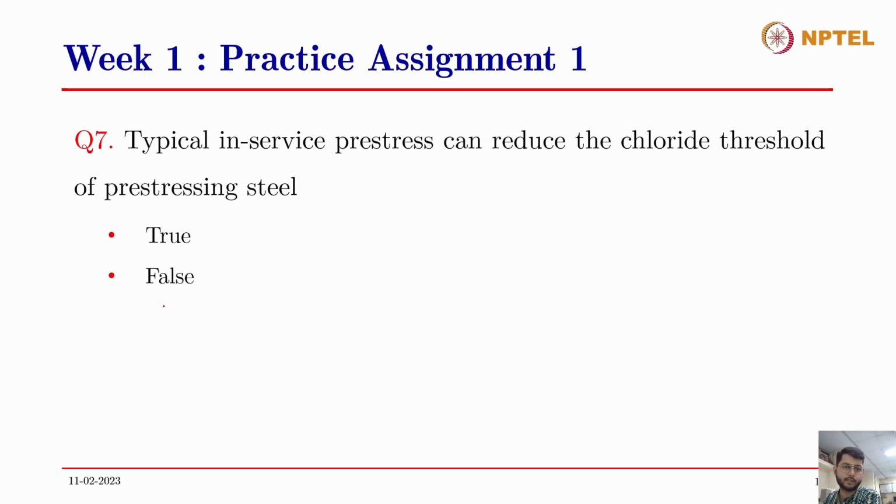Okay, moving on to the seventh question. It was regarding whether typical in-service pre-stress can reduce the chloride threshold of pre-stressing steel. True or false? And why? This is a good question. Yes, can somebody answer that?